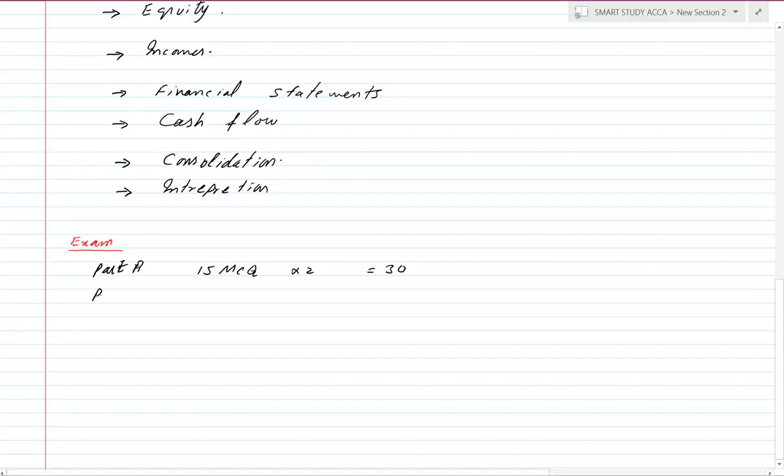In part B of your syllabus, students, you will be given 3 scenarios. And from every scenario, there will be 5 MCQs, so 15 MCQs in total, 2 marks each, so once again section B will consist of 30 marks.